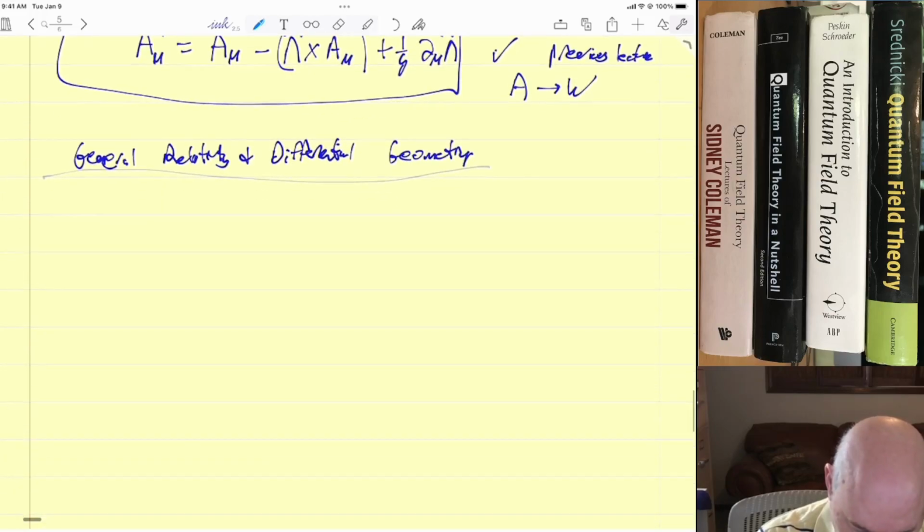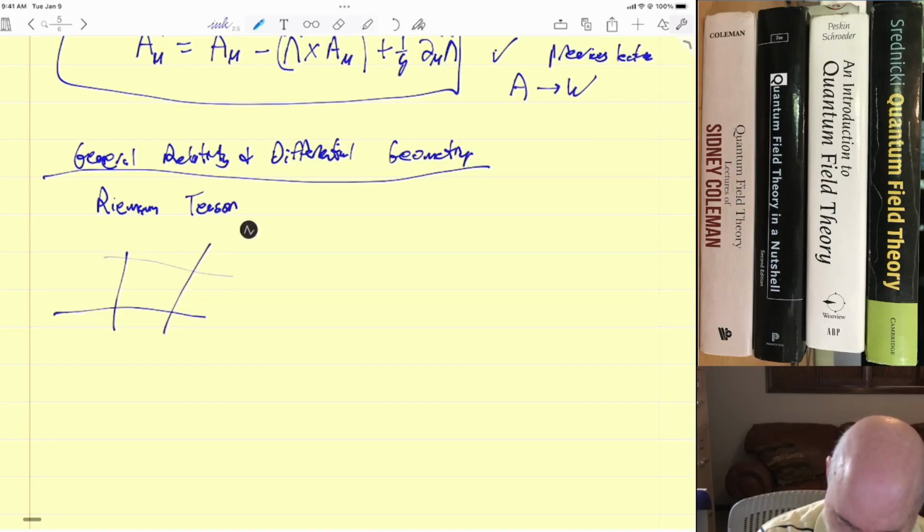In general relativity, we define the Riemann tensor, and one way to define it is to take a vector in space-time and transport it around, let's say a square.